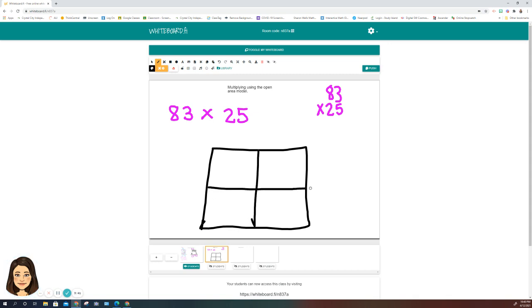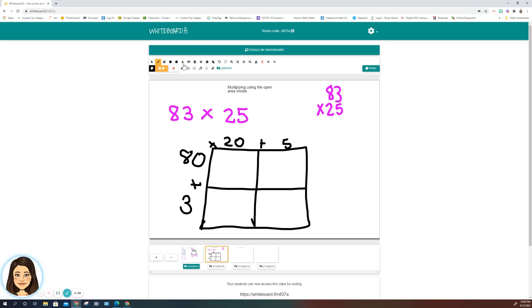And we have 83. So remember how we decompose 83? 80 and 3. And then 25. 20 and 5. Here's 80 plus 3, 20 plus 5, and then we are multiplying.